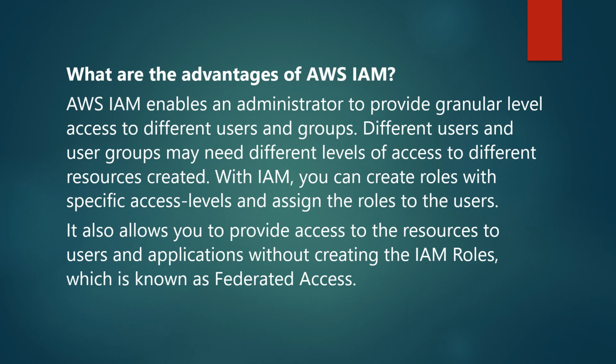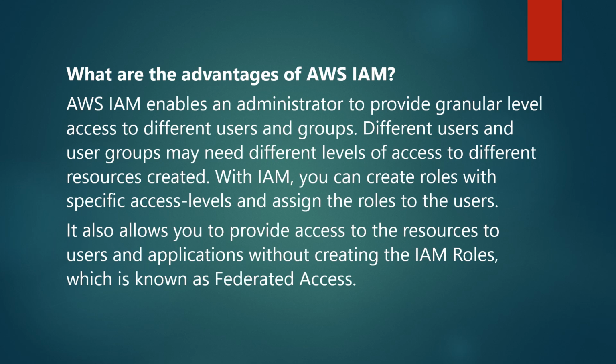What are the advantages of AWS IAM? AWS IAM enables an administrator to provide granular level access to different users and groups. Different users and user groups may need different levels of access to different resources created.